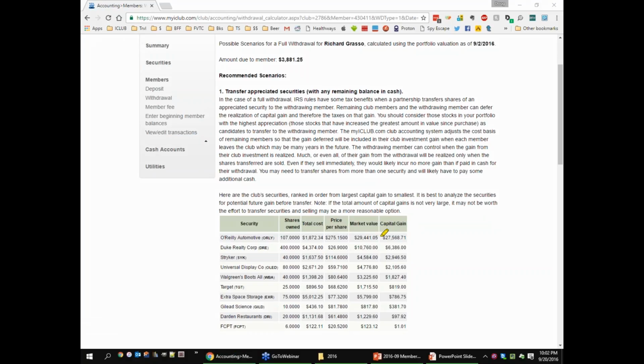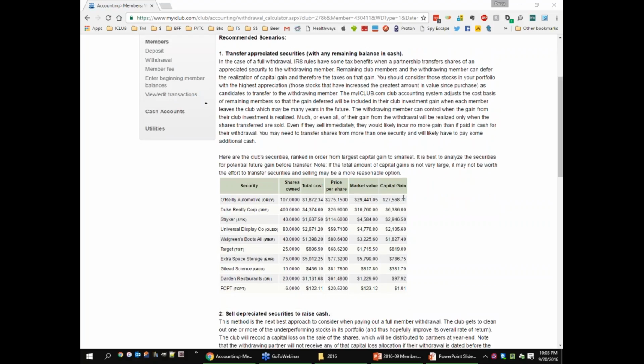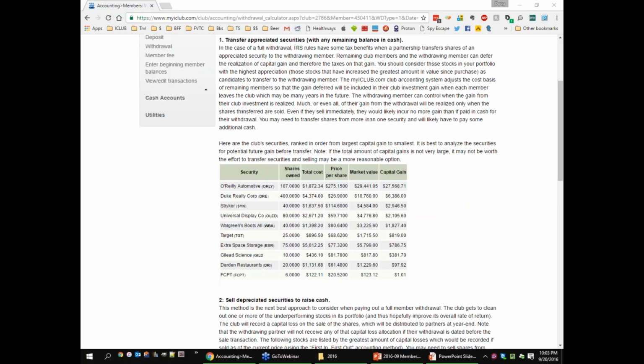So in this case, we've got a massive capital gain in O'Reilly Automotive, $27,000 of capital gains, it seems. The stock has performed really well in the many years that we've held it. So the thing here is we could sell $3,881, or we could transfer $3,800 worth of that stock, and we could reduce the amount of capital gains by a couple thousand dollars there.